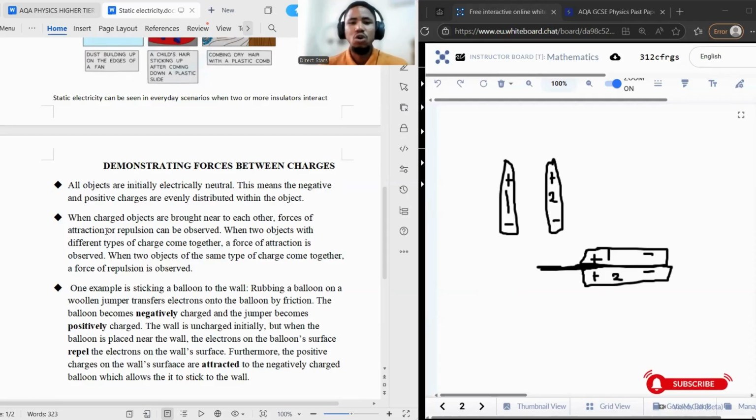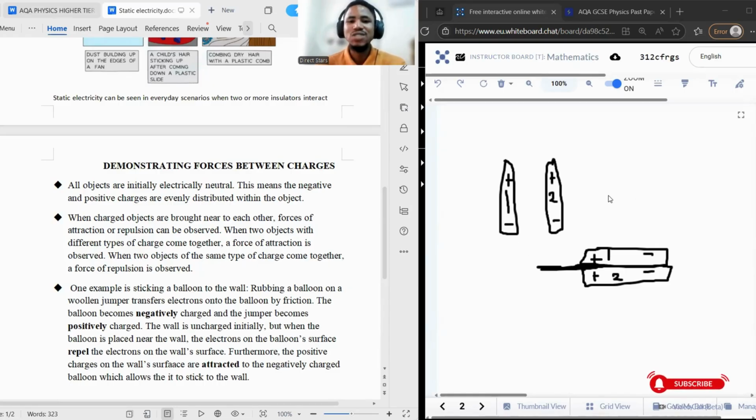Forces of attraction occur when there are different charges, positive and negative. But when they are the same charge, that is positive and positive, when positive charge in one material is more, and the positive charge in the other material is also more, they have both positive and positive. There will be a repulsion force there.